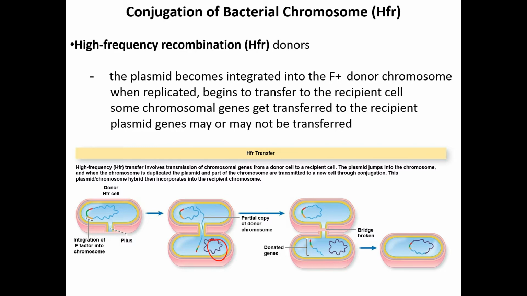Here in pink or purple, you have your nuclear bacterial chromosome. Here you have your F plasmid.